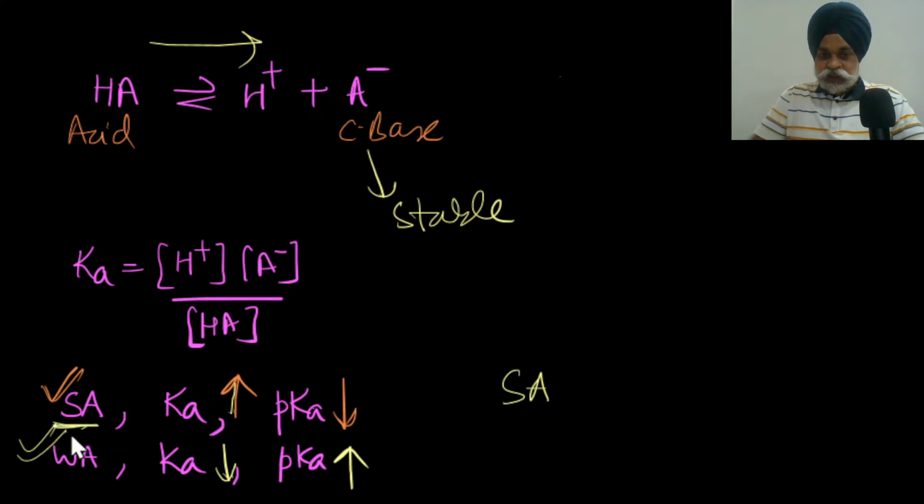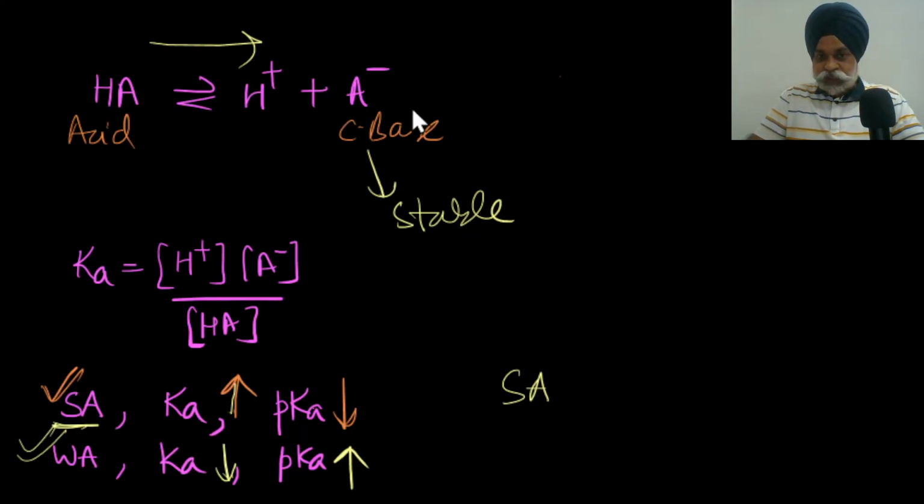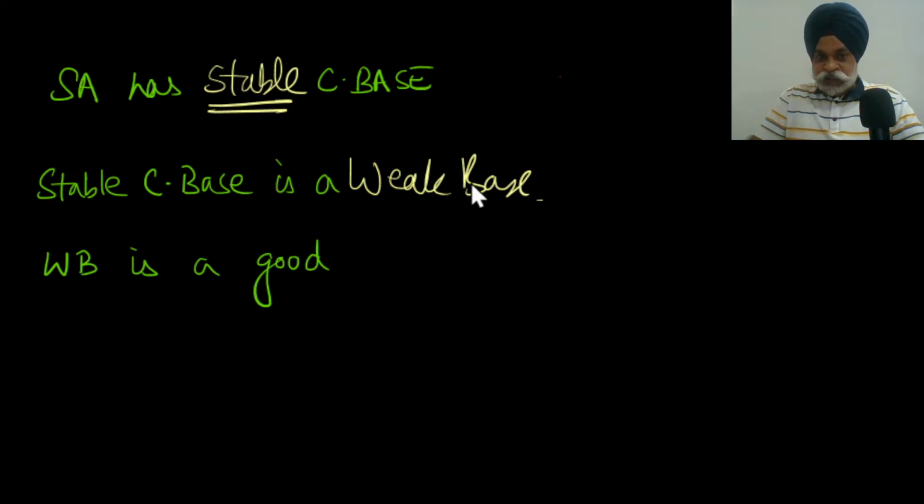A stable conjugate base is a weak base, because if it is stable, it would have no tendency to go back. So we will be saying a stable conjugate base is a weak base, and a weak base is a good leaving group.